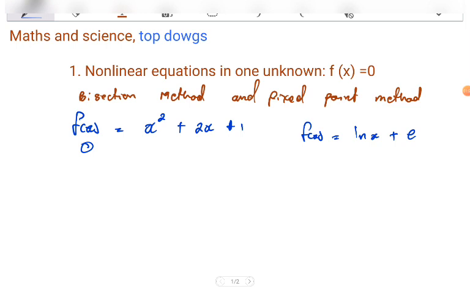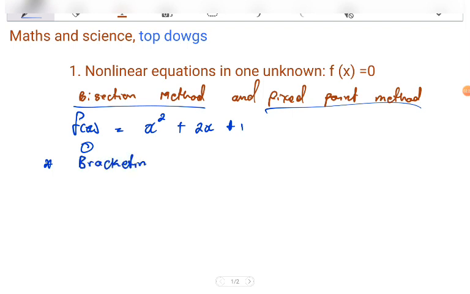We're going to use two methods: one called the bracketing method, which is the one that uses bisection, and another called the fixed point method, where Newton's method is a kind of fixed point method.